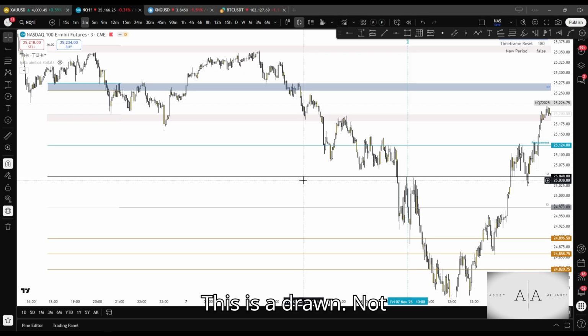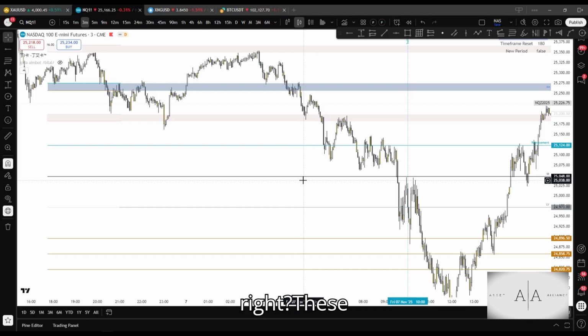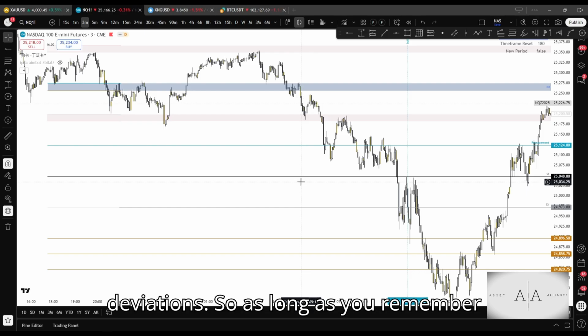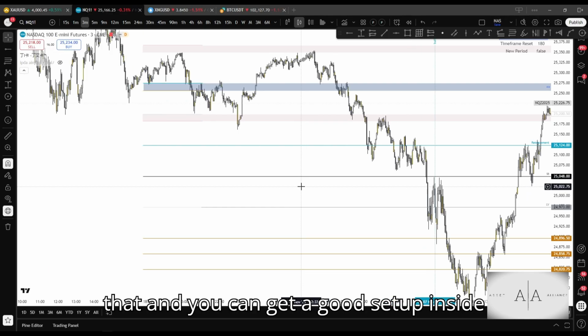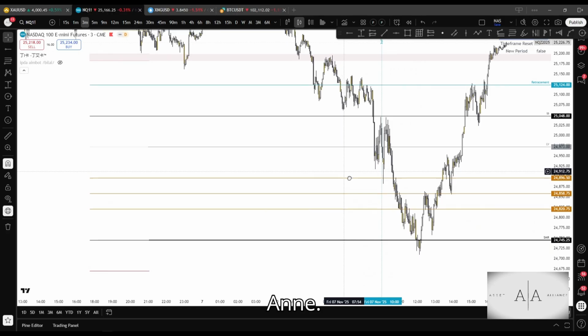This is a draw on, not a precise entry setup that you can use to become rich, right? These are still deviations, not actual price action that you can back up, right? Deviations. So as long as you remember that and you can get a good setup inside of those deviations, then you'll be alright. You know, it'll be chill out.